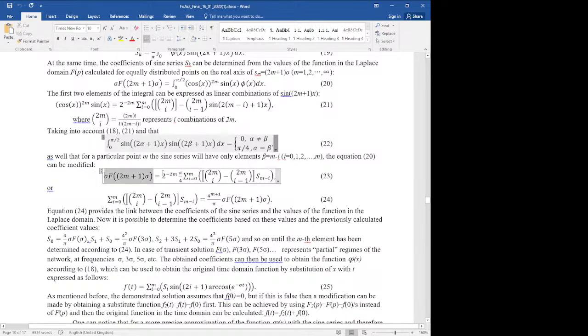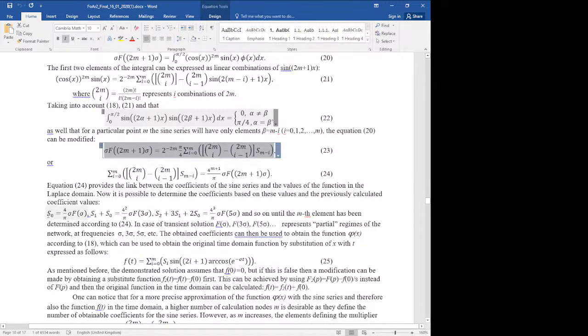So this kind of series will be feasible, and we will get a link between sine series coefficients and the values of the function in the Laplace domain.